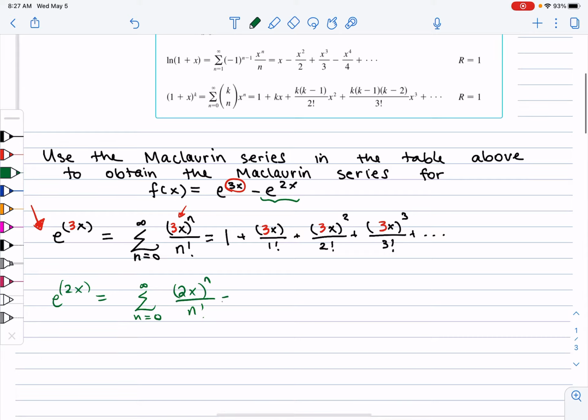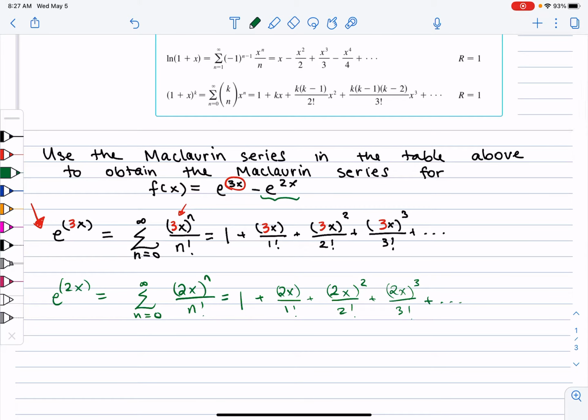And again, this is going to be equal to 1 plus 2x over 1 factorial plus 2x squared over 2 factorial plus 2x to the third over 3 factorial, and then the idea continues.